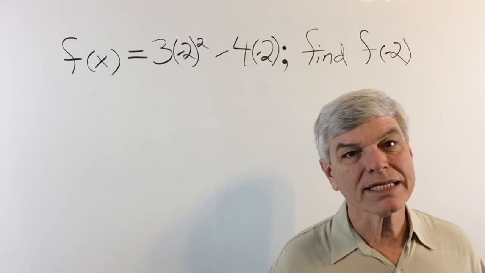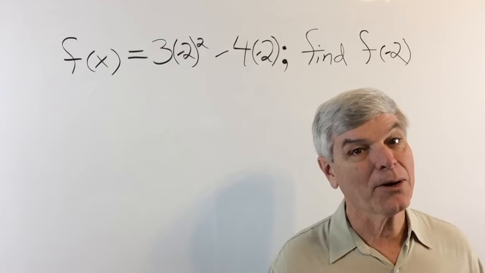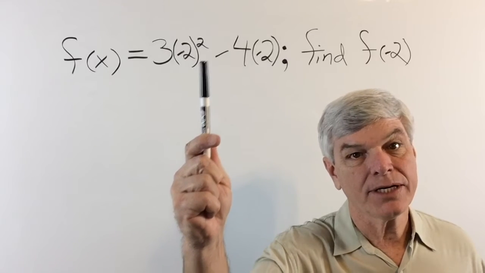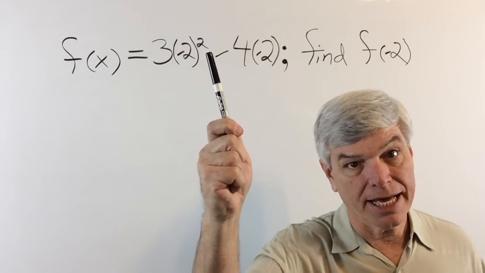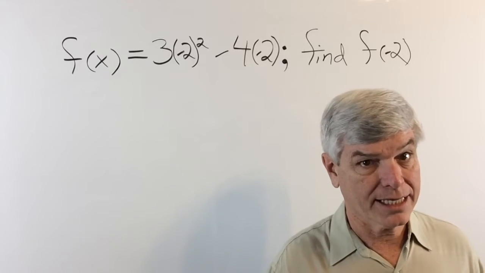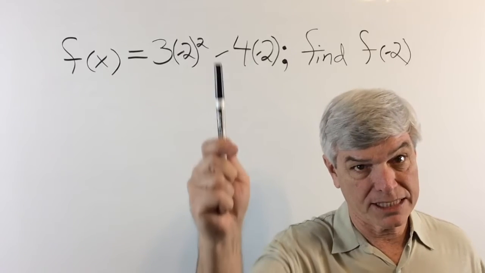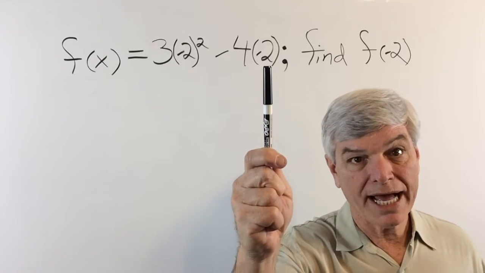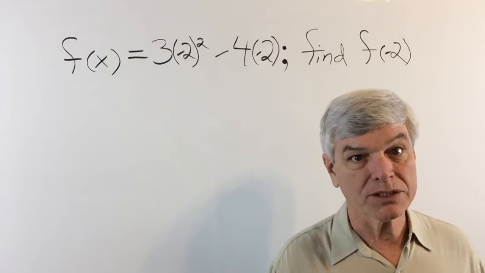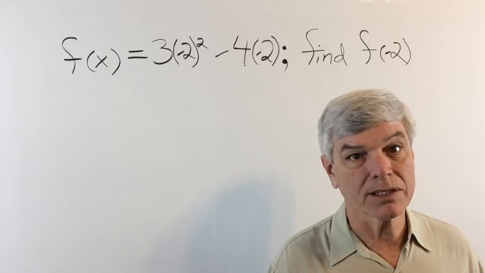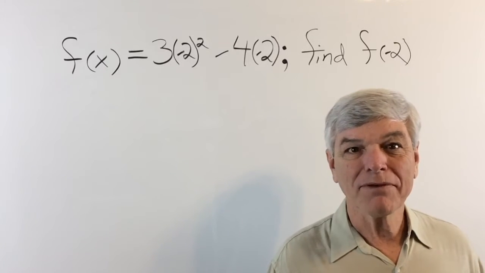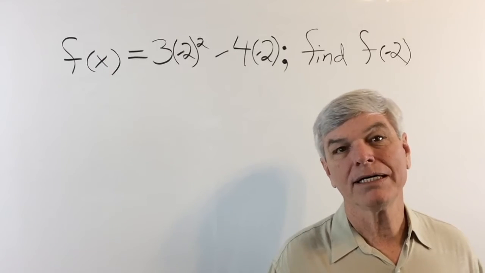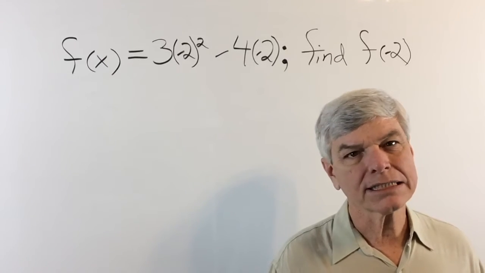Let's go over a couple of things that we already know, but there are places to mess up. This negative 2 is squared, that is, the exponent applies to the x, which is negative 2. So the exponent applies to the negative 2. We are going to have a negative times a negative here, which means we're going to end up with a positive number. We've done that before, but still it's a good place to mess up, so just keep track of your signs.